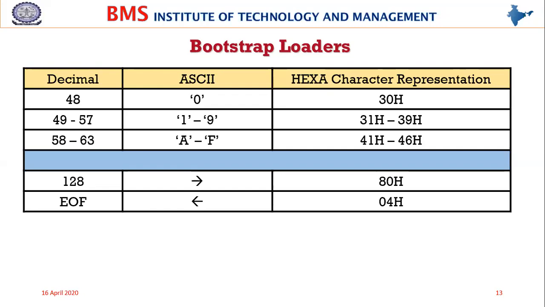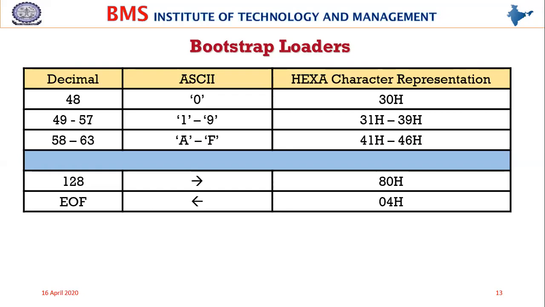So 48 means the ASCII code for 0, and in hexadecimal representation its value is 30H.